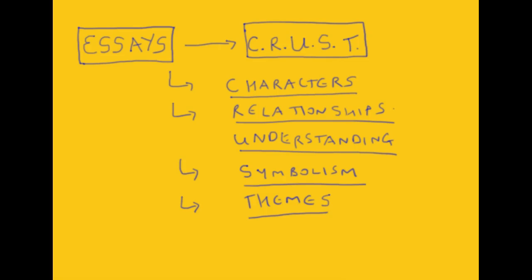You may have to look at the relationships between the characters in the book, or between the character and something else, like his pet dog, or his environment, or his house, or his past, or something like that. So relationships can be an essay question. And more popular are questions on the characters in the book, and you have to answer questions on the characters.